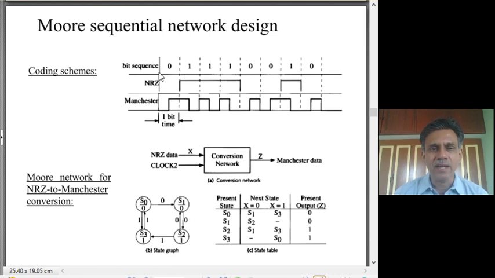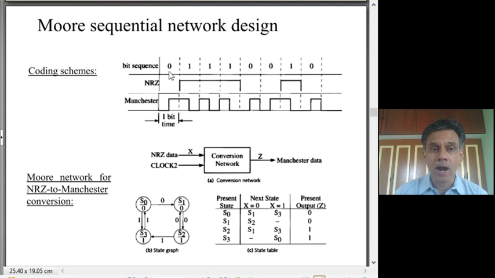So, when a sender sends a 0, the receiver will get it after some propagation delay, but if it knows when a clock period has started and when it has ended, then it can sample the value of the physical variable at the middle of the clock period and detect whether it is a 0 or 1. Of course, it will be a little corrupted, but we can find out and reconstruct whether it is a 0 or 1.